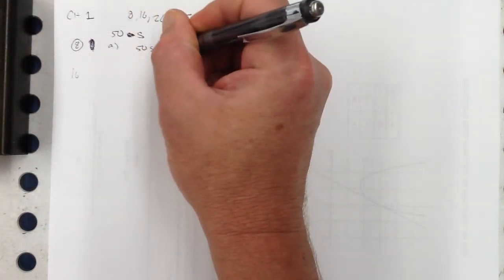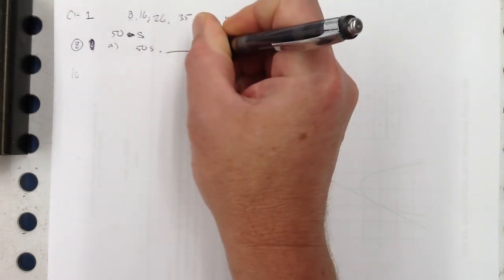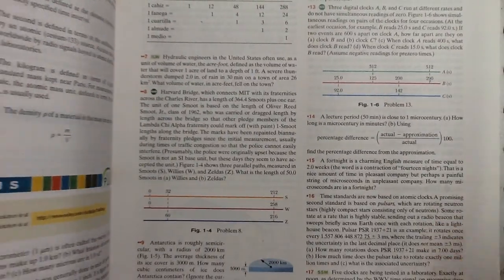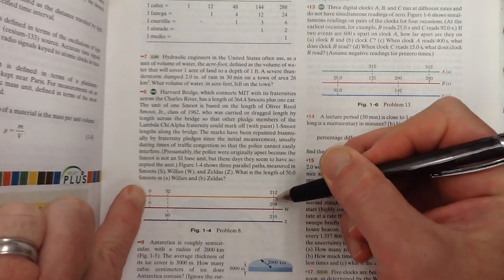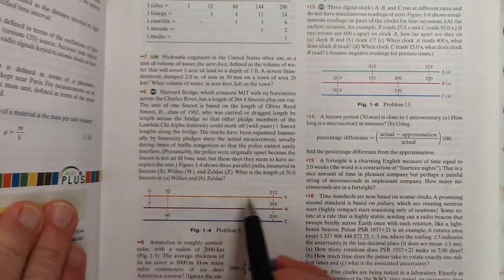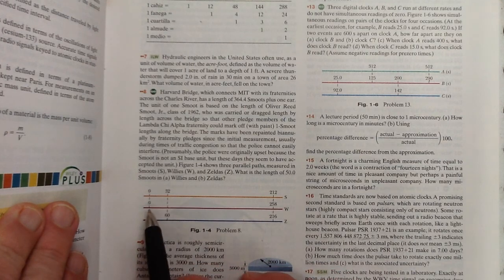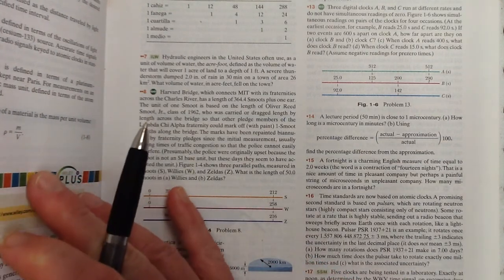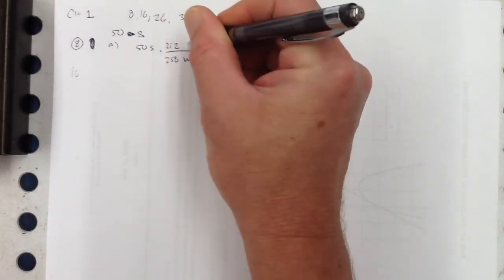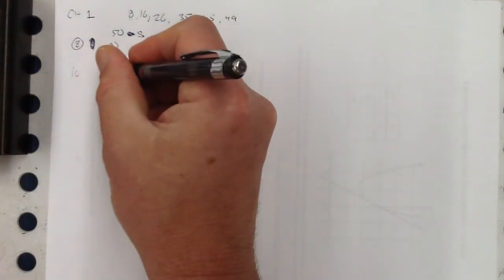If I have 50 smoots and I want to convert to willies, looking at the little chart here, the zeros match up, so 212 smoots is the same as 258 willies. 258 willies, same as 212 smoots. Okay? And that'll do for that conversion.